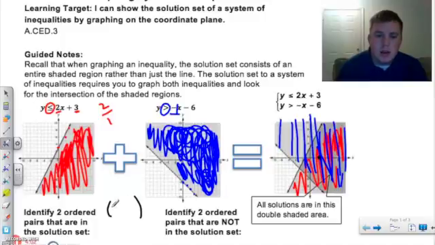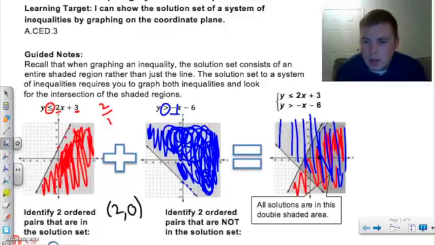At (2, 0), that point is going to be in both shaded regions. Also, we could pick a point that was on the solid line and in the shaded red region. That would work. Or we can pick any of the ones that are in the shaded red and blue area. Let's just say here, and we would have (9, -9).